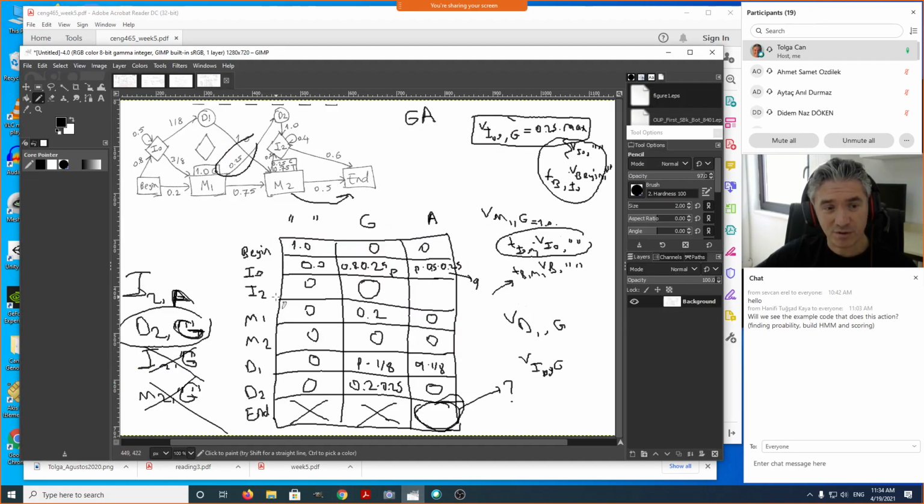Yeah, they're all zero, so it's not possible to come to the end state from the M2 state. The only possible way is via I2. So all I need to do is take whatever probability I have computed for I2A, let's call it R, and multiply R with 0.6, the transition probability from I2 to end, to compute my final result.